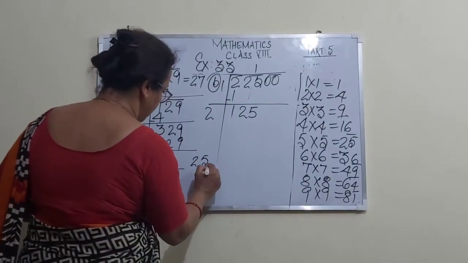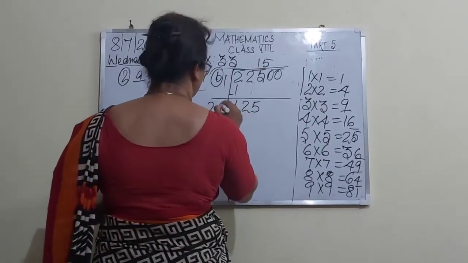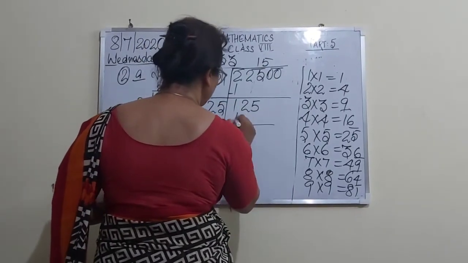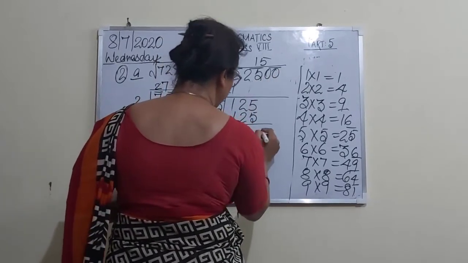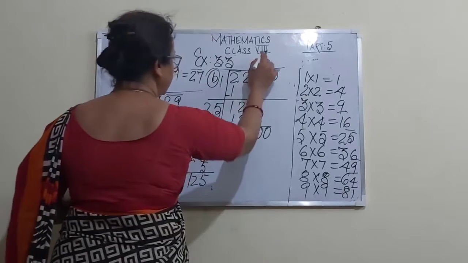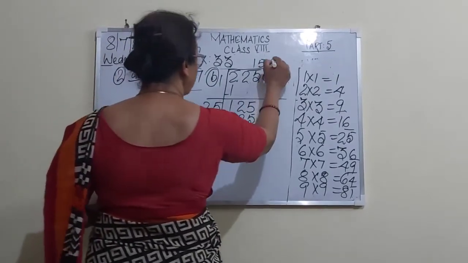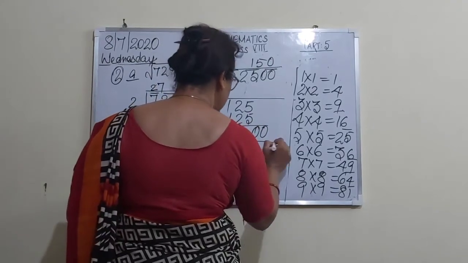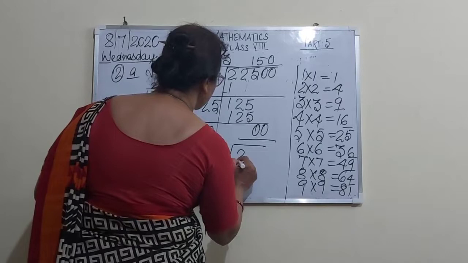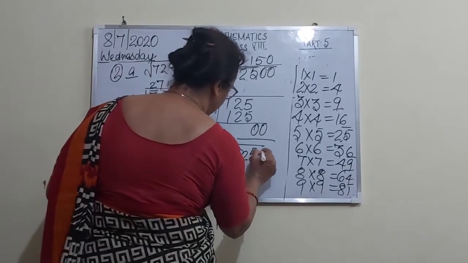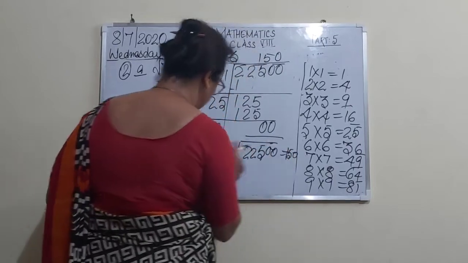Means 25 5s are 125. Now what do I have to note down? This is complete 0 because this is an extra pair. And 15 2s are 30. This is 0, so I will put 0. What is the answer? The square root of 22,500 is 150. That's right, students.